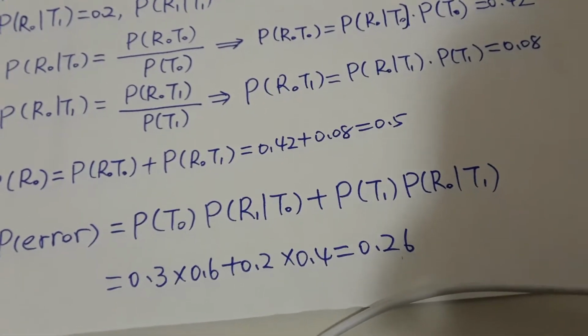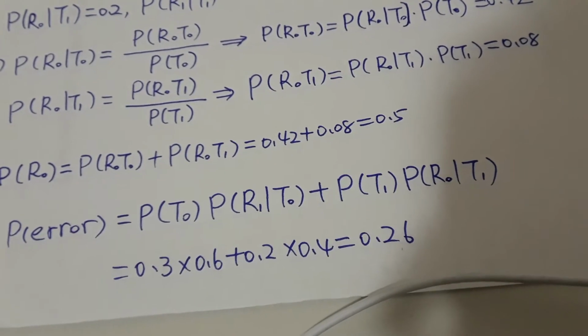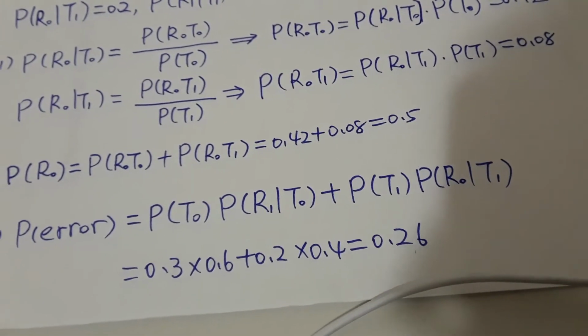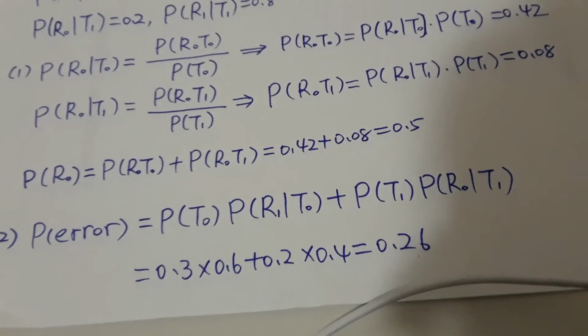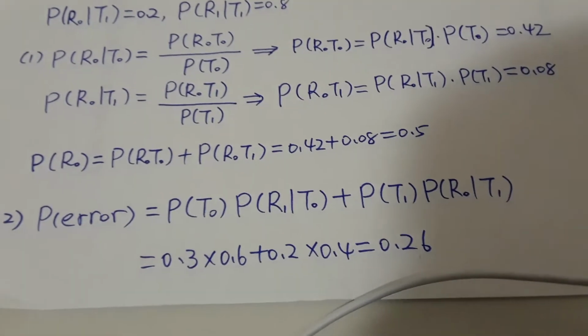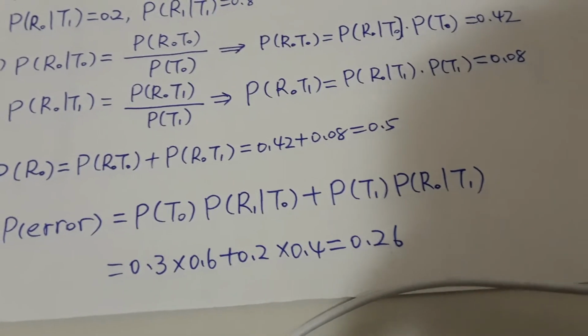So the probability of error should equal the probability that signal 0 is transmitted and 1 is received.